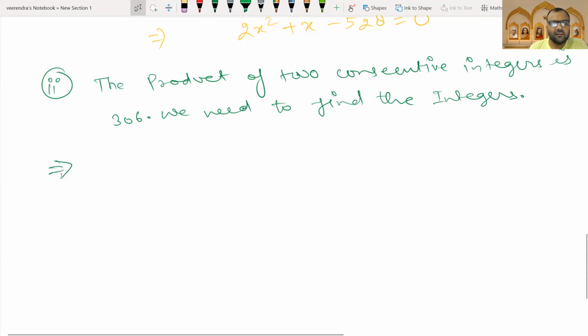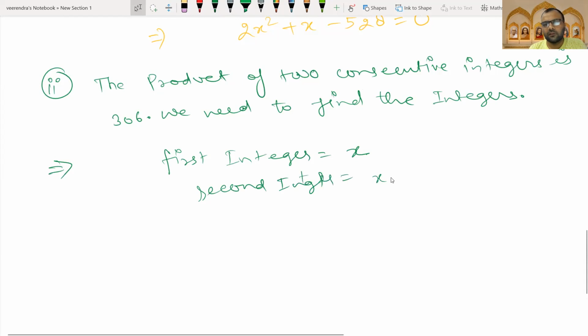Let us consider the first integer is x. Then the second integer is x plus 1. And the product of these two is given as 306. So it becomes x into x plus 1 is equal to 306.